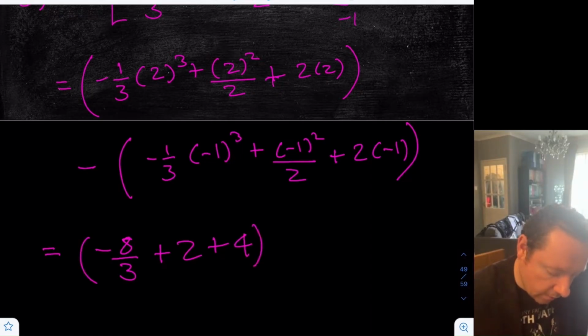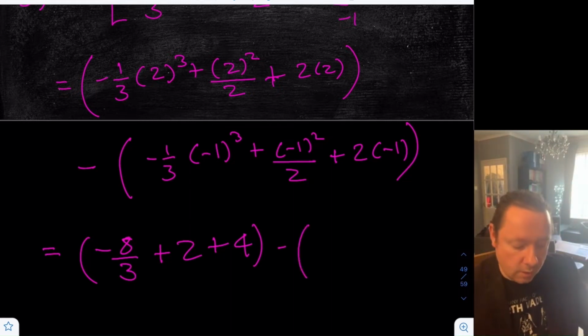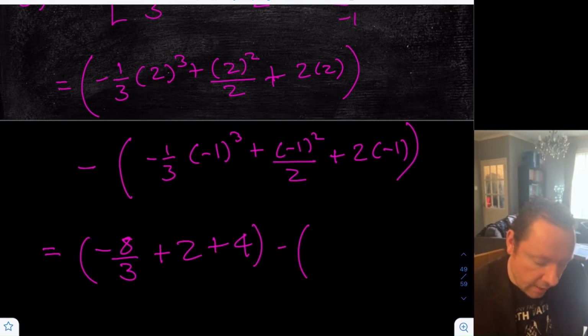And our second bracket: -1 cubed is -1, times -1/3 is just 1/3. -1 squared is 1, so that's a half. And we've got -2.